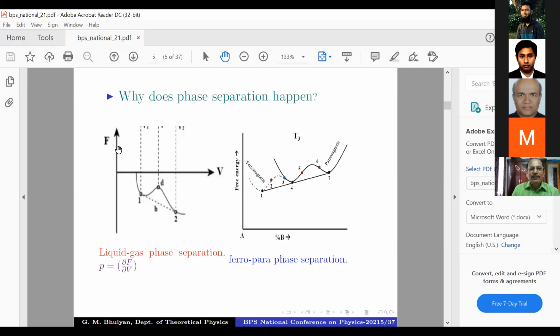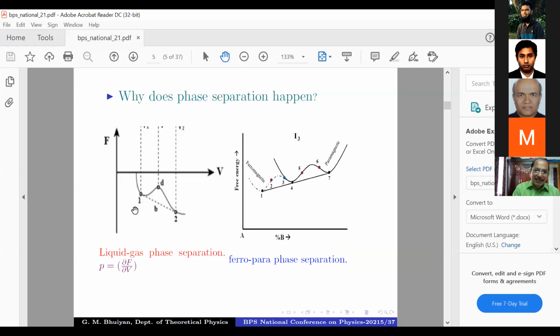The free energy decreases, and after a certain point it increases and then again decreases to a minimum. So there are two minima here, at points 1 and 2, and in between the free energy increases. But thermodynamics says that for the equilibrium state, the energy must be a minimum for the system.